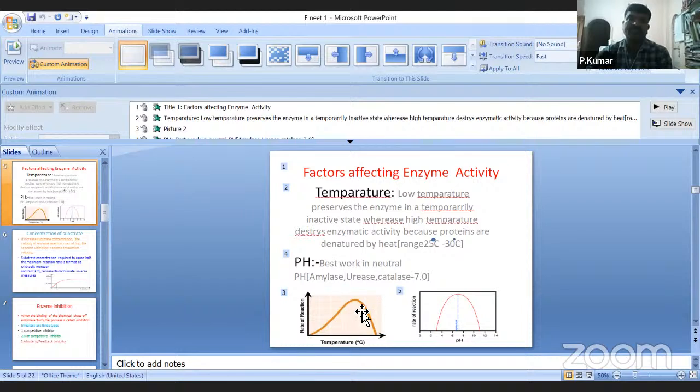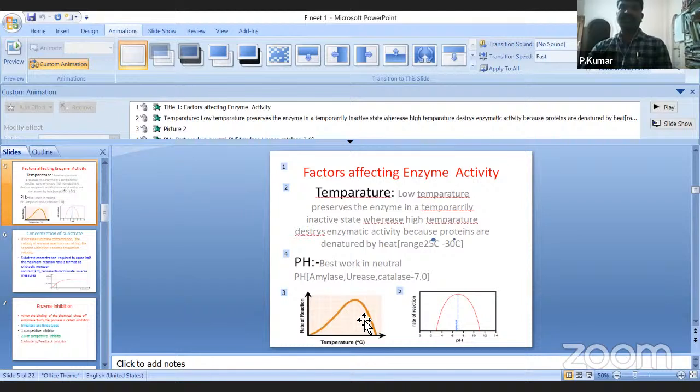So that is very important. Temperature also: from low temperature to high temperature, the enzyme activity slowly increases. After it reaches the maximum, above the maximum the enzymes cannot be active, meaning the enzymes are destroyed.